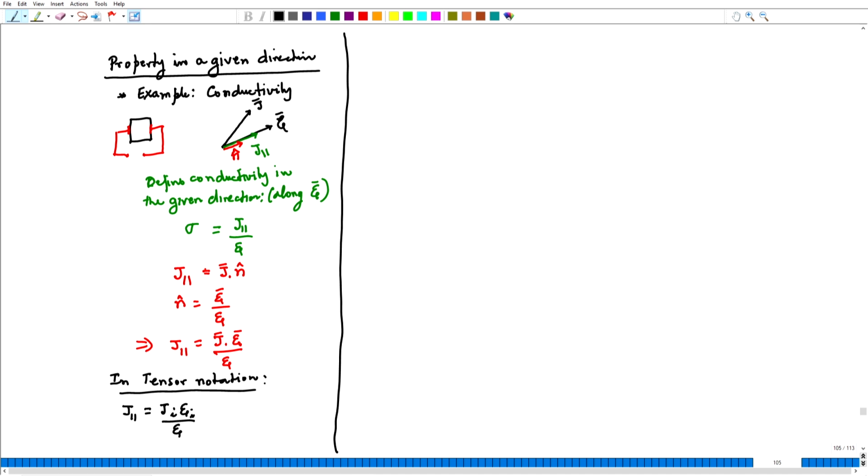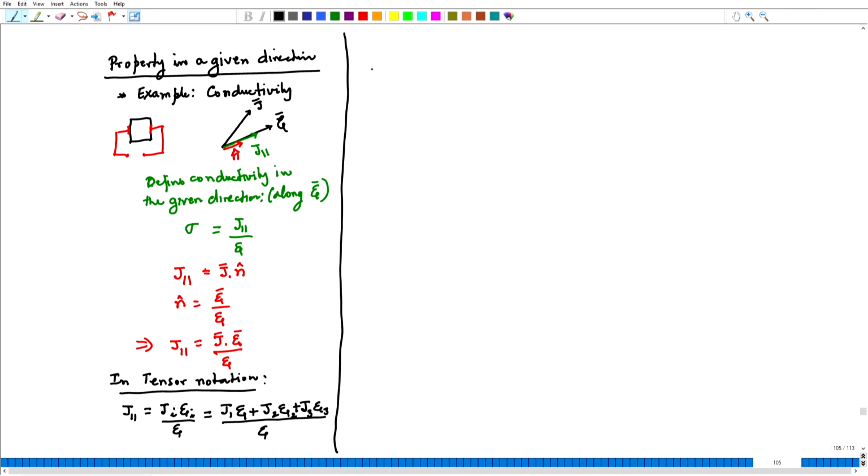So, Ji is the component of flux along the xi direction, and the electric field Ei is the component along the xi direction. If I expand this, it simply becomes J1 E1 plus J2 E2 plus J3 E3 divided by the magnitude of the electric field.